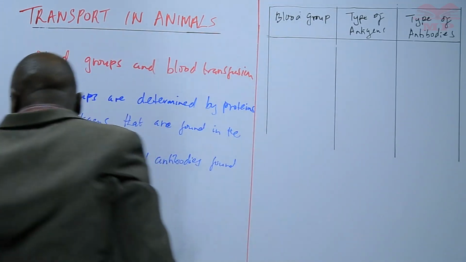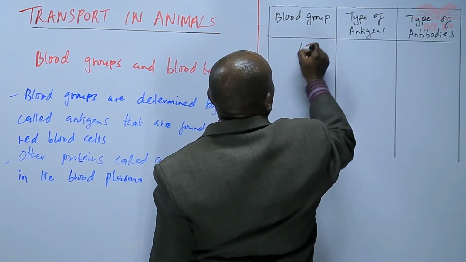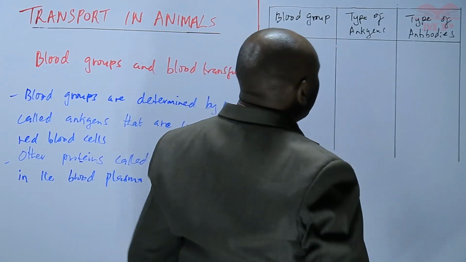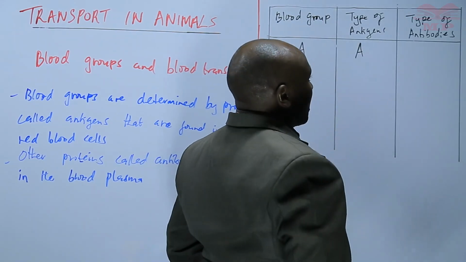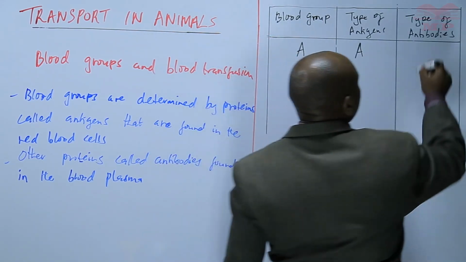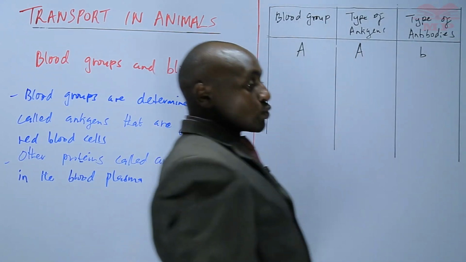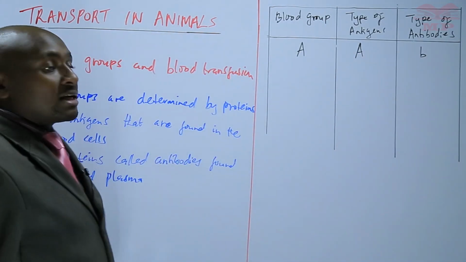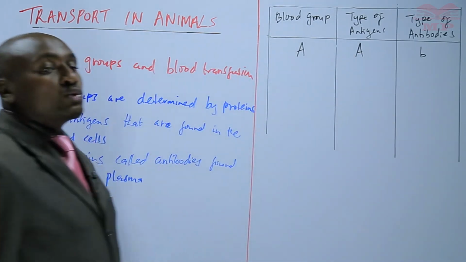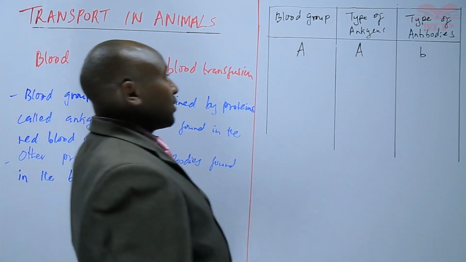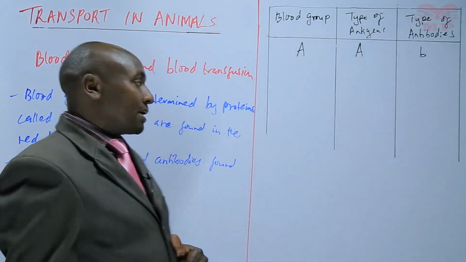So for example, if you have blood group A, the type of antigen present is A, capital, and the type of antibodies present is small b. So we indicate antibodies using small letters, while antigens are indicated using capital letters. So the type of antigens concur with the blood group.